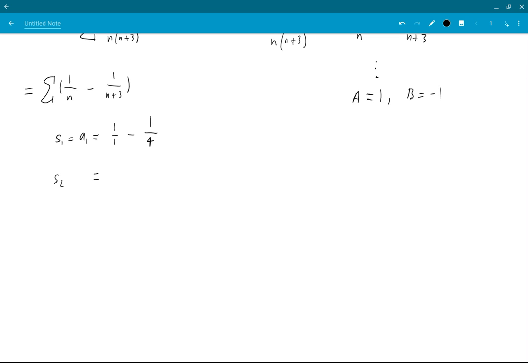S2 is the first term plus the next term, second term.